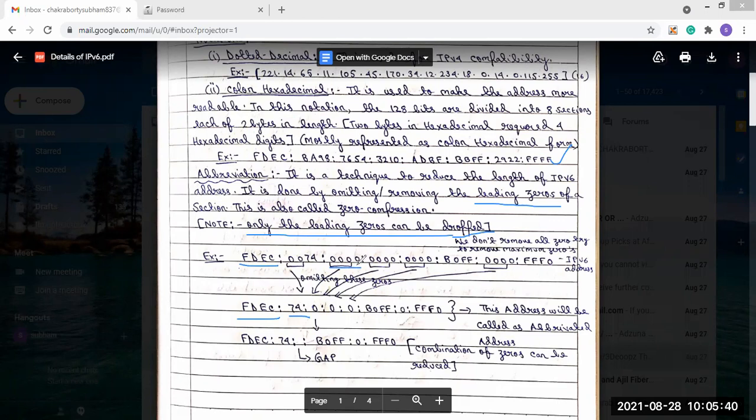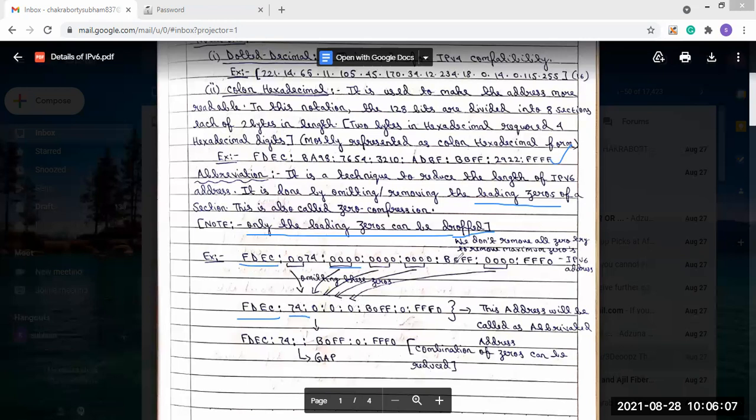Here, 4 zeros are present, so at most 3 zeros we can remove. So that's why we remove 3 zeros from here. Here also the same rule is applicable: we reduce the maximum zeros, so here also we are taking only 1 zero. Then here also the same rule is applicable.